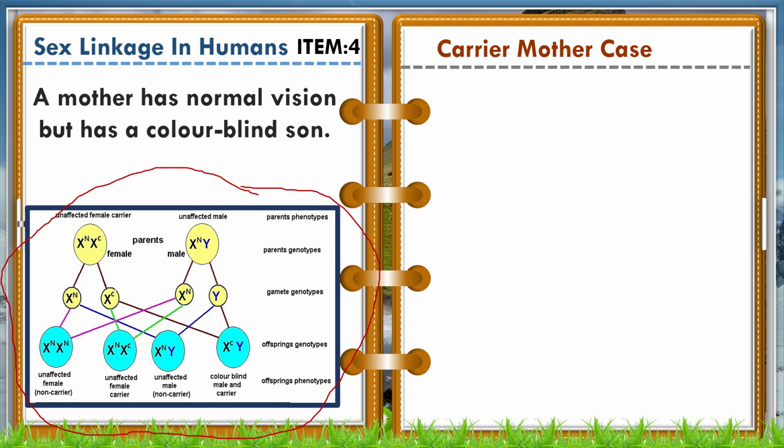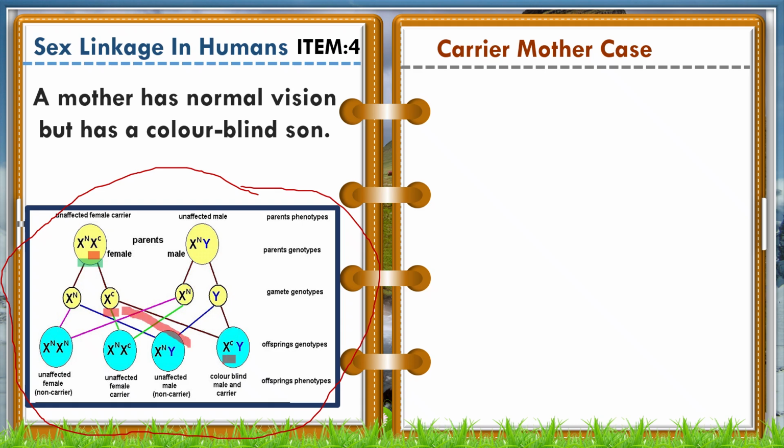We are having a mother here who is having normal vision, but the mother is a carrier because she has the affected X chromosome. Therefore, the mother is passing over that X chromosome to the boy.